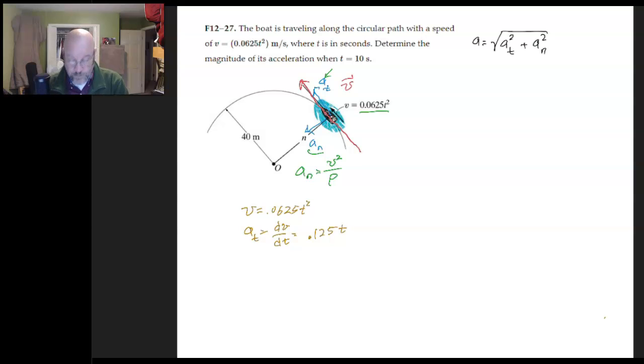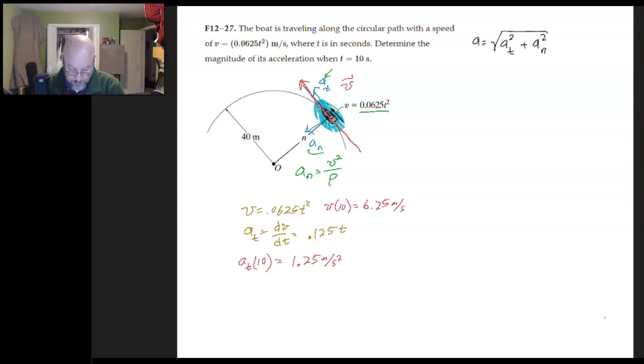Now we could plug in our time component. We want to know its tangential acceleration at 10, so that becomes 1.25. Let's get our velocity as well. v at 10 turns out to be 6.25. That one's meters per second, and this one is meters per second squared.